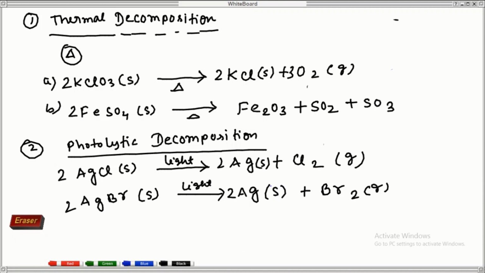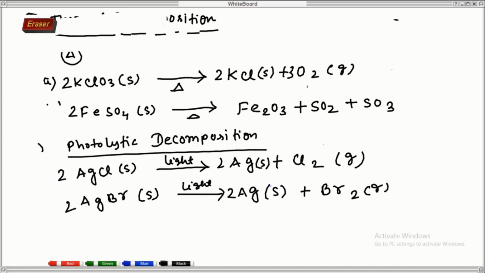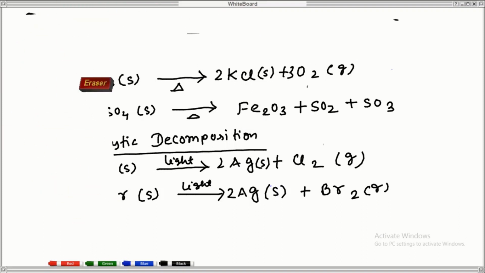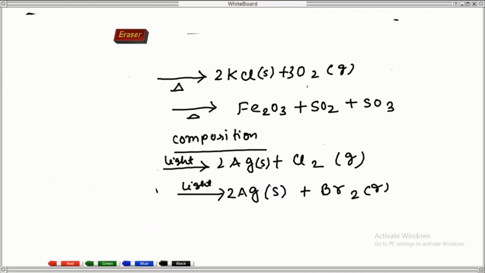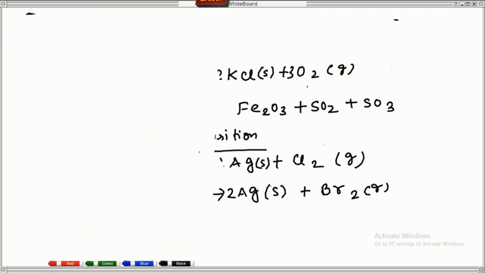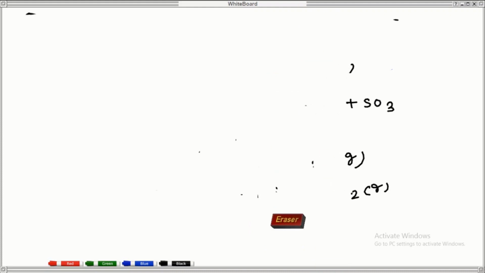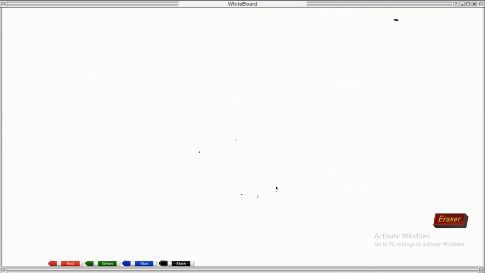Now come to the third kind of decomposition reaction. That is in presence of electricity, which is called electrolytic decomposition.